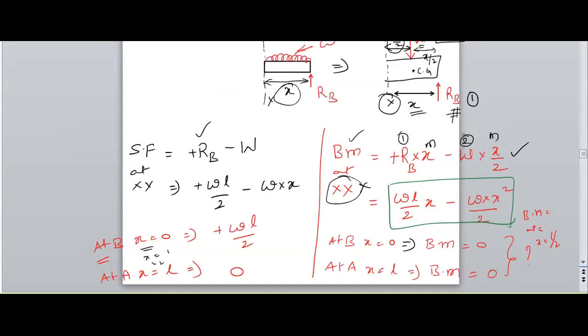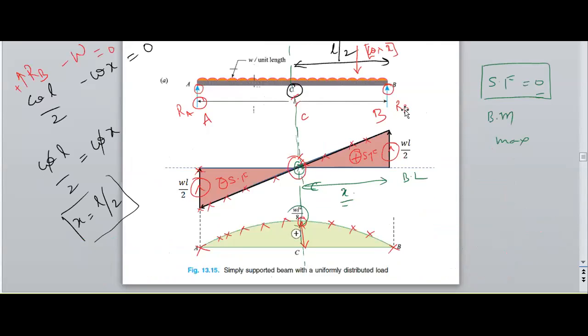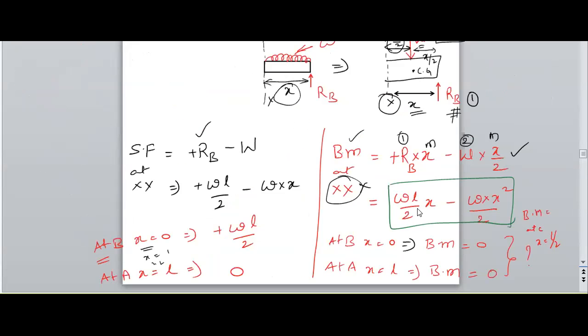And the next point will be C. After B we have the point C. Therefore, the bending moment at C: substituting x is equal to L by 2 in my bending moment equation, I will get w L square by 8.